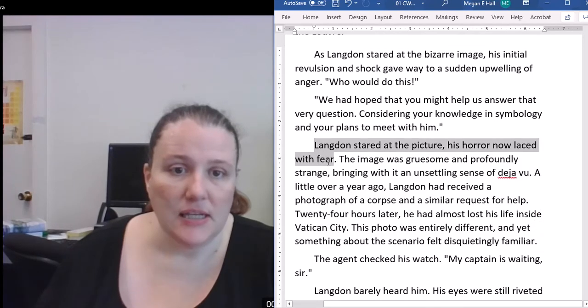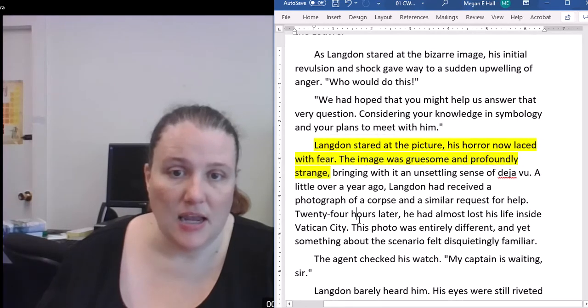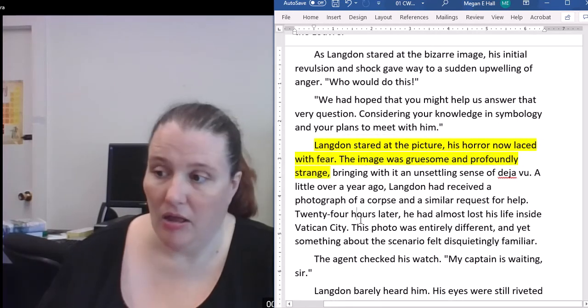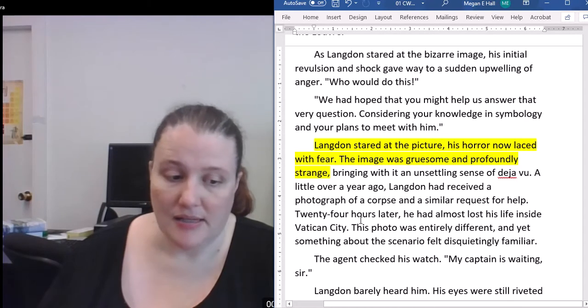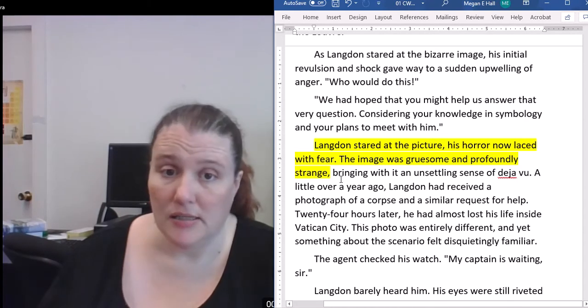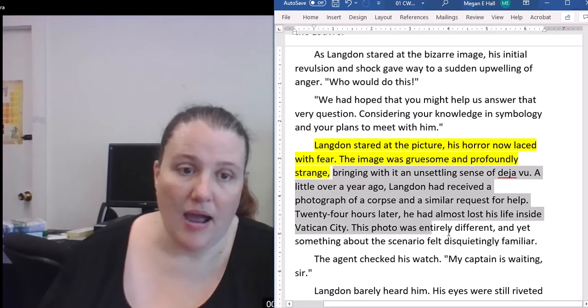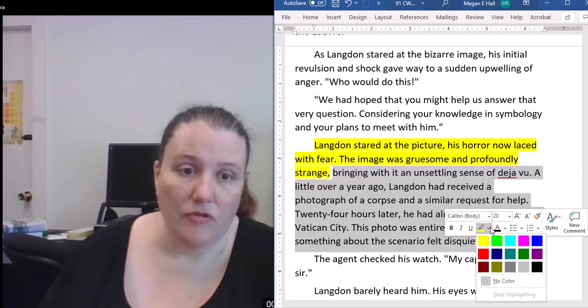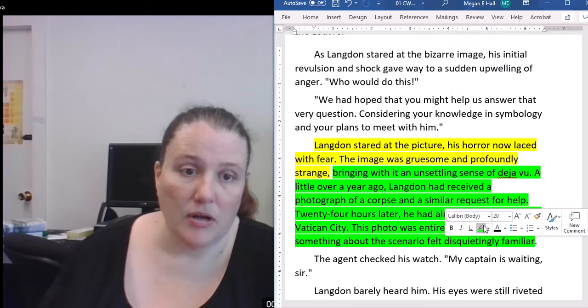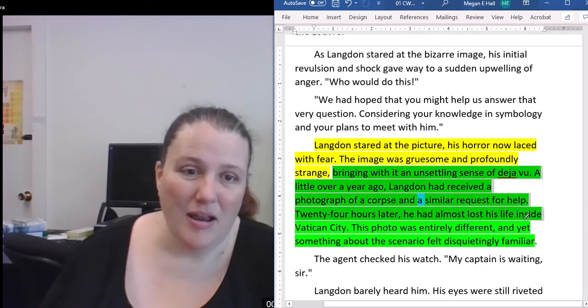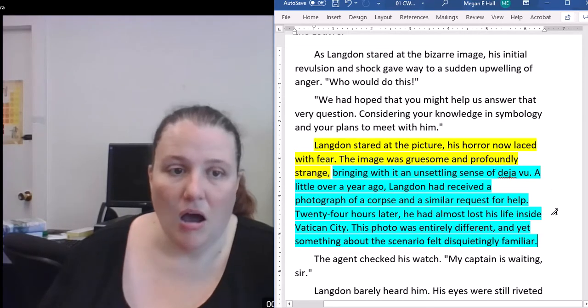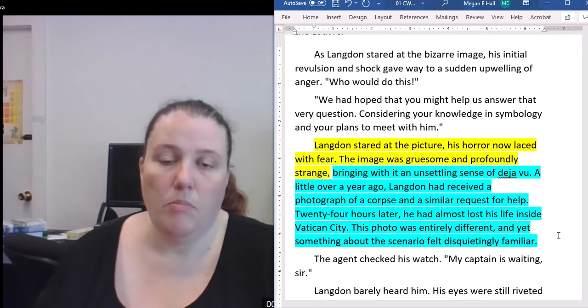The first is that we want to describe the image that he's seeing and to give a little bit of detail, because this dead body is setting off the action of our story, and it's going to be quite important. Then we have this background information to remind the reader, even if they haven't read it, of the other book.